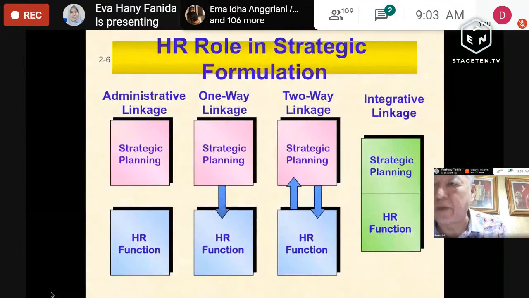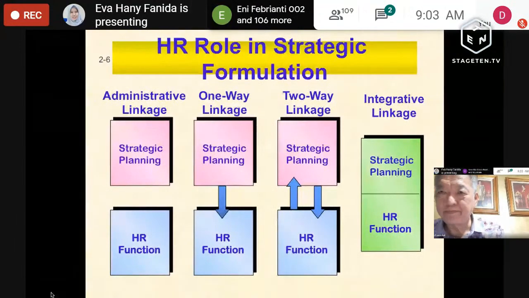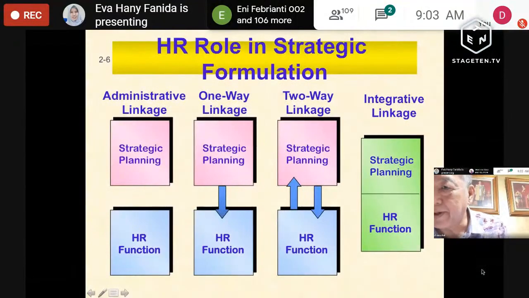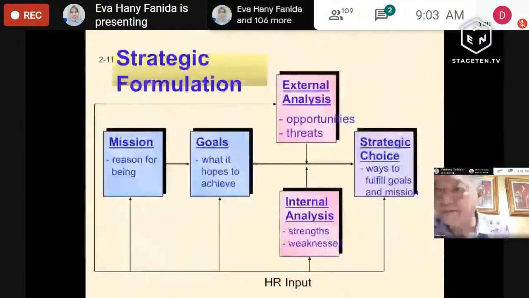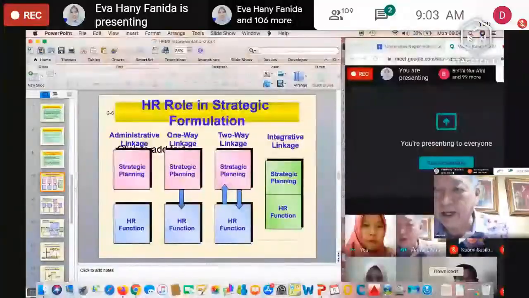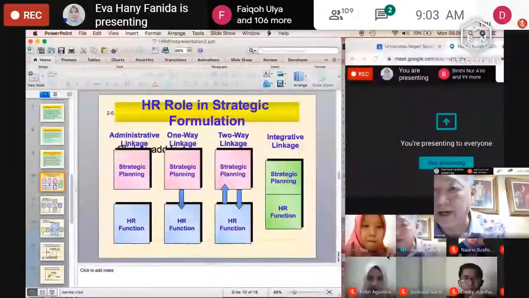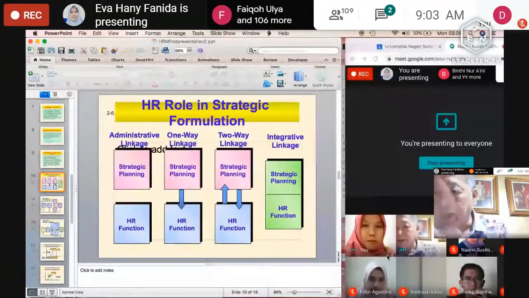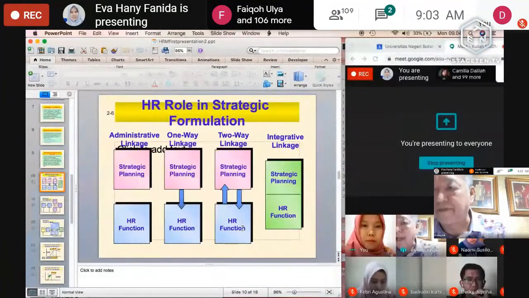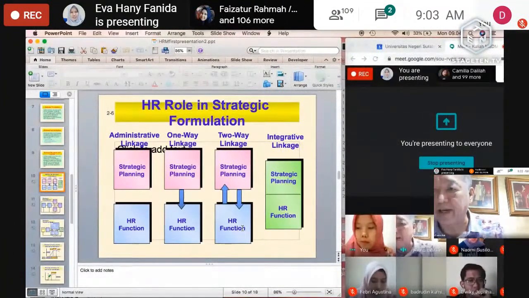This is my question. Among these 4 types, which one do we prefer to have in our organization?